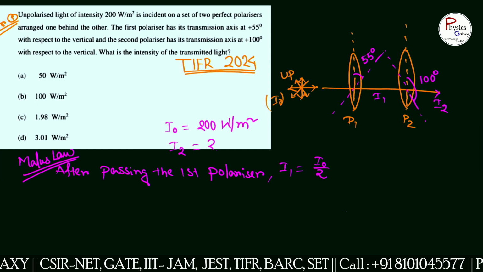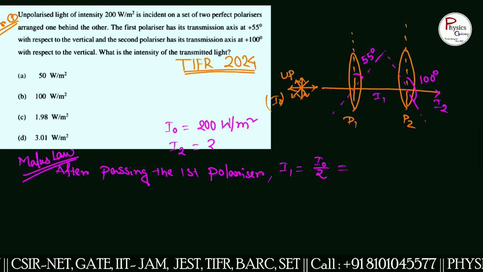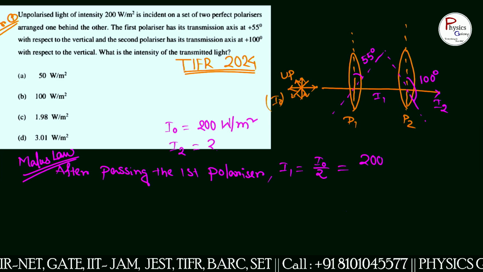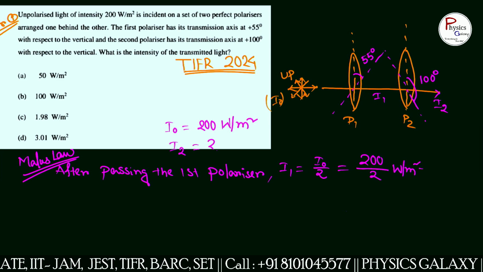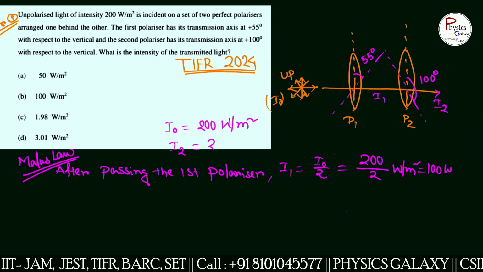So I1 will be 200 by 2 watt per meter square, equals 100 watt per meter square.